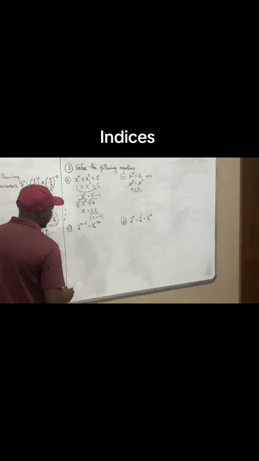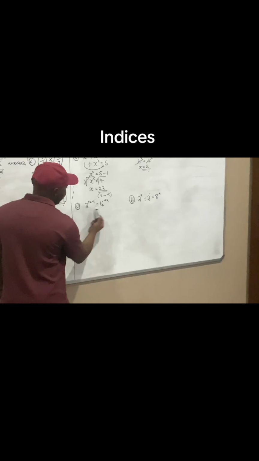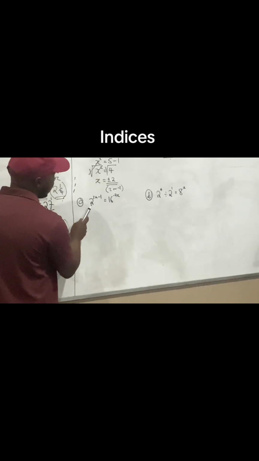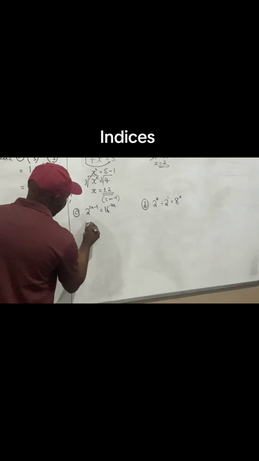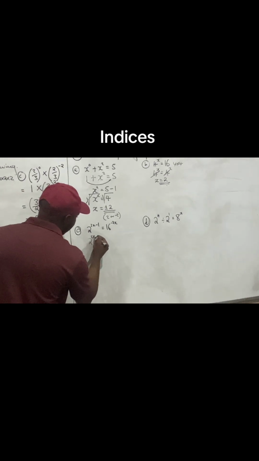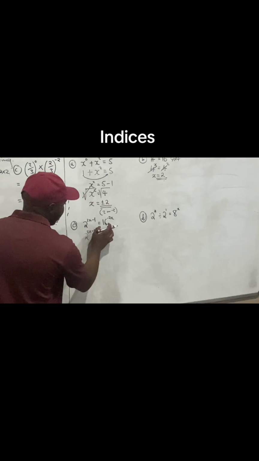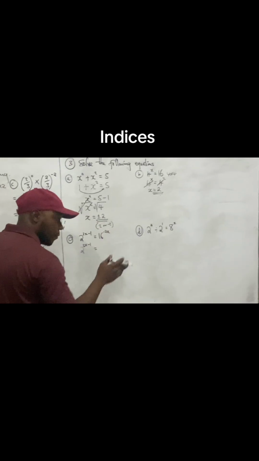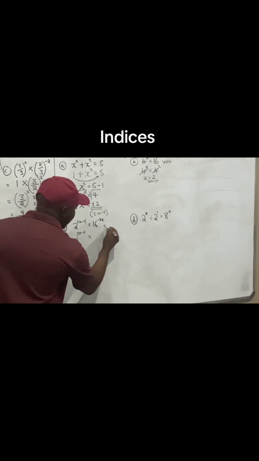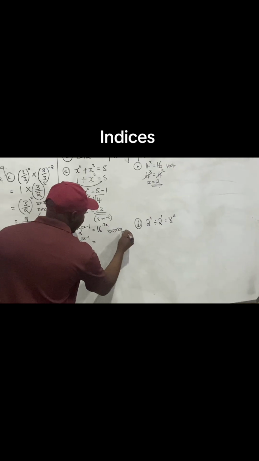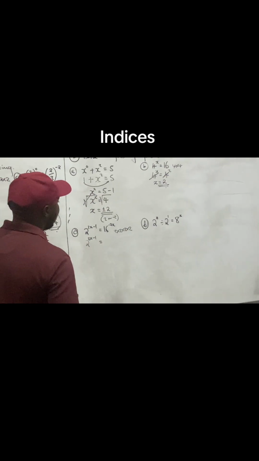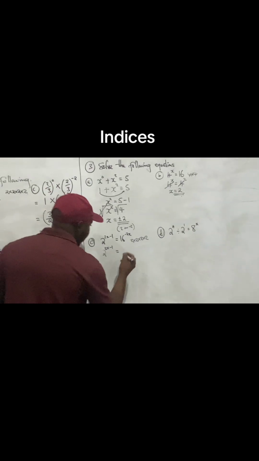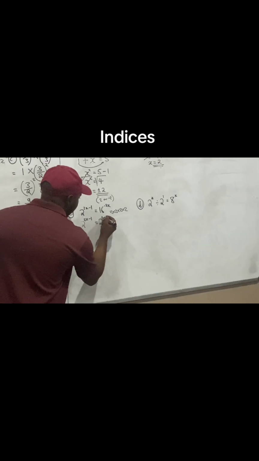Then C. Now with this one also we are looking at the bases. We have 2, this is the smallest base, because the other is 16. So I'll write this one like this. Equals, I multiply 2 by itself to get 16, which is 2 times 2 times 2 times 2. Now, how I'm going to write this one is 2 to the power 4.